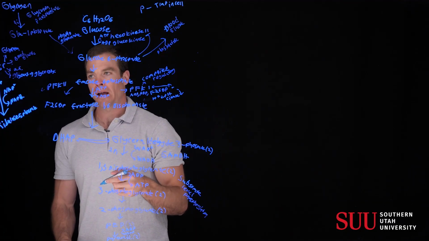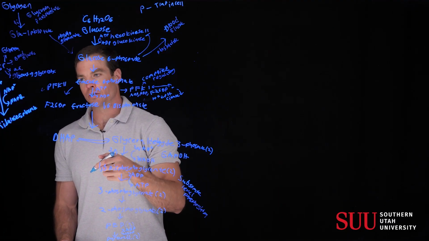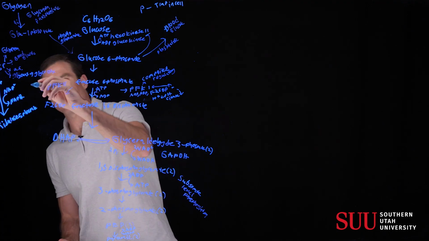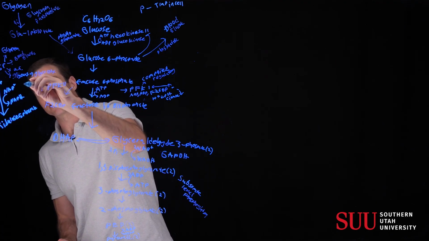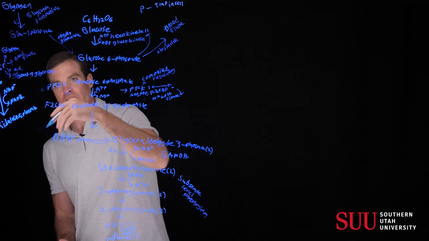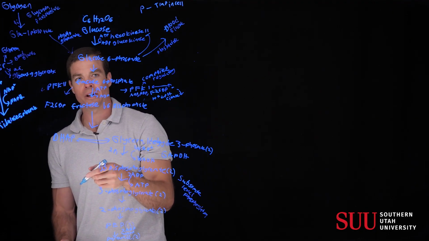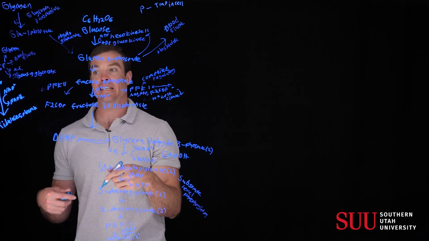But even as a reducing agent, for example, you have this molecule of glutathione, which serves as an antioxidant, and when it gets oxidized, then it needs to get replenished.